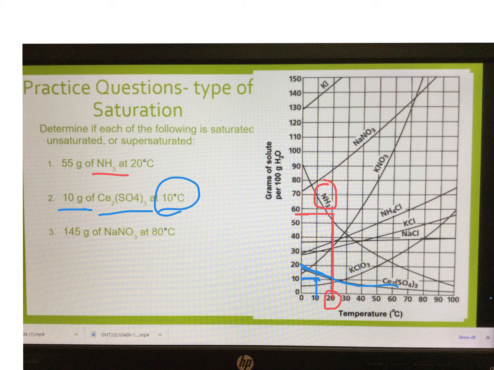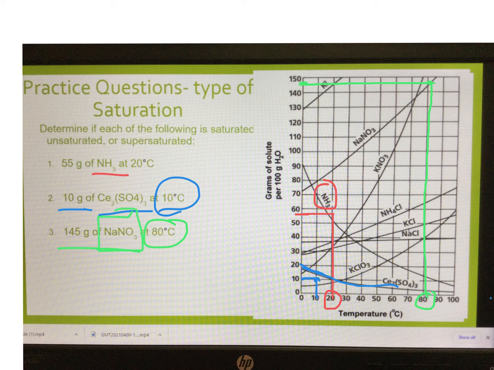Okay, so now let's do the third one, which is 145 grams at 80 degrees Celsius. So here's 80, and 145 is about here. So 80, let's go all the way up, and 145, it's about there. It seems to be at about on the line of NaNO3, that chemical.